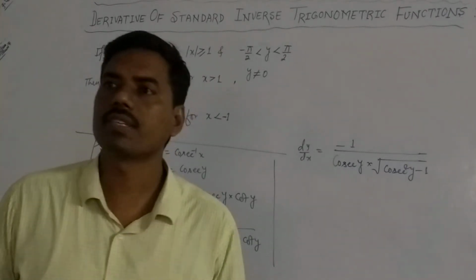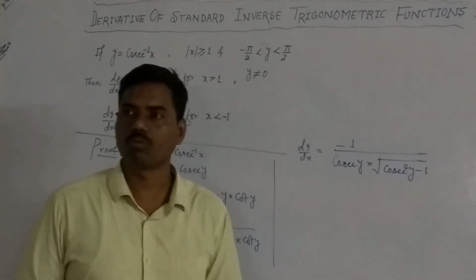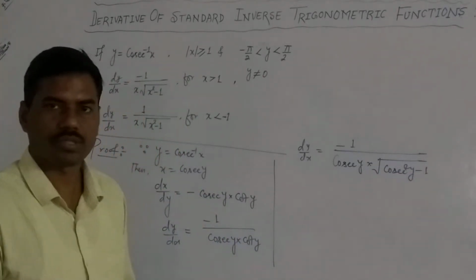So cot y is equal to under root of cosec square y minus 1. Now you can put the values.